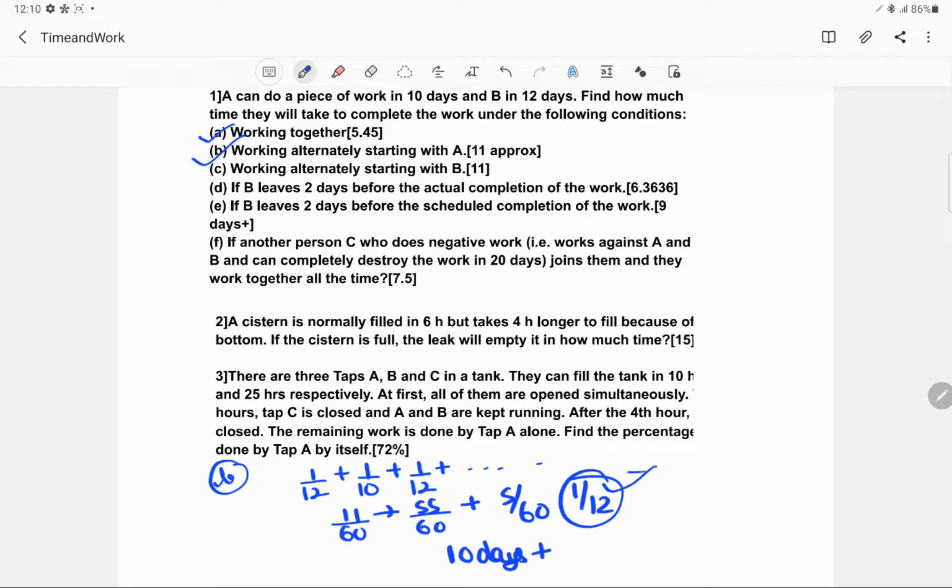And whose turn is it on the 11th day? It is the turn of B, and 1 day work of B is 1 by 12 itself. So this would take 1 entire day. So this would be exactly 11 days.